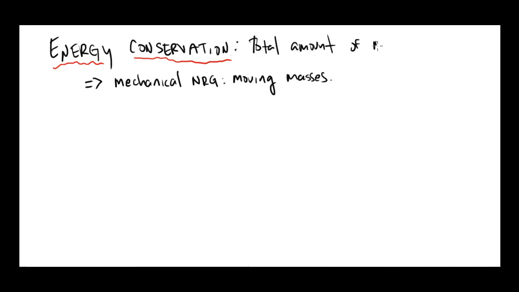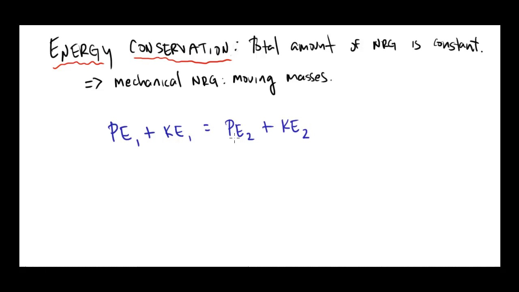And since we're talking about mechanical energy, what we could say here is that the potential energy plus the kinetic energy at some point, we'll call that 1, is equal to the potential energy plus the kinetic energy at some secondary point, right?